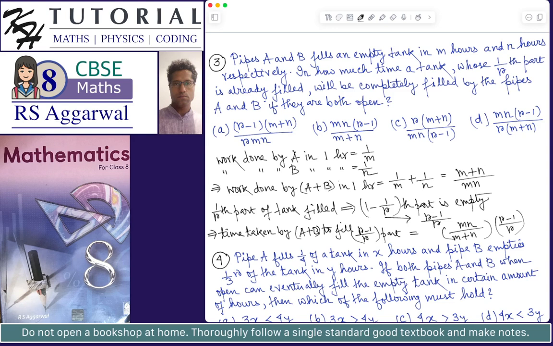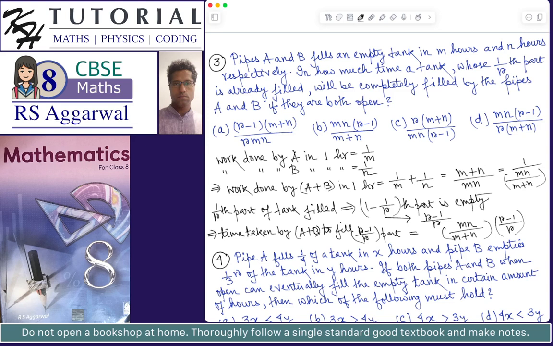Now why is this so? We know that work done by A plus B in 1 hour is equal to m plus n divided by mn, which can be written as 1 divided by mn over m plus n.